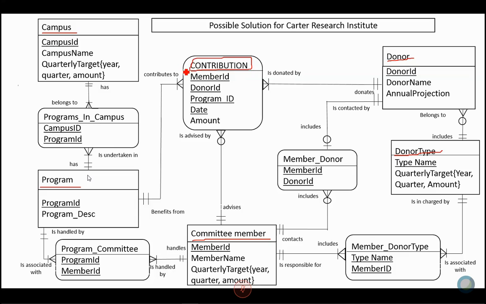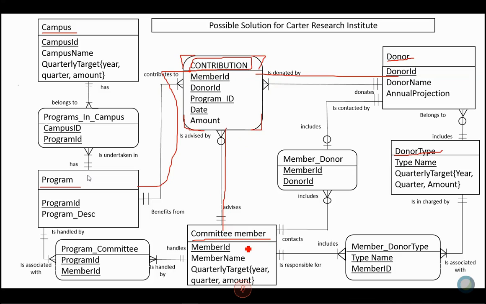Payel, if they make this one a regular entity, that's fine, because contribution is kind of unique. If they put this one as a regular entity, it's fine. If they put this as an associate entity, it's also fine. And then this one connects programs, donor, and also a committee.